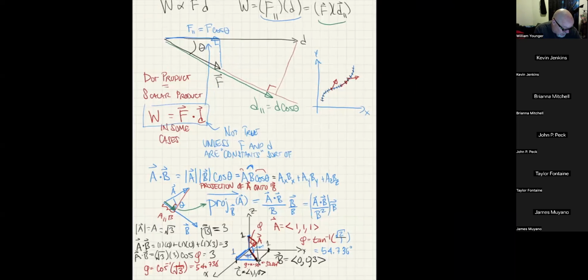So we can see that the dot product of C and B is obviously 90, so it gives you 0. But the dot product of C and A, I think y'all all can see that that dot product is what?